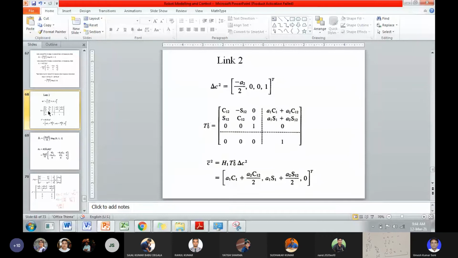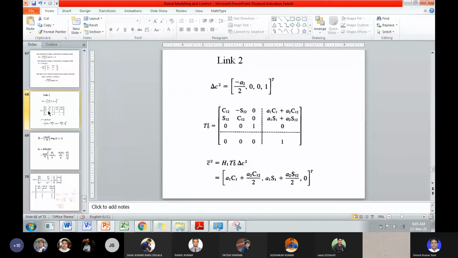So from here you calculate R20 as C12 minus S12 0, S12 C12 0, 0 0 1. Clear? This is R20.